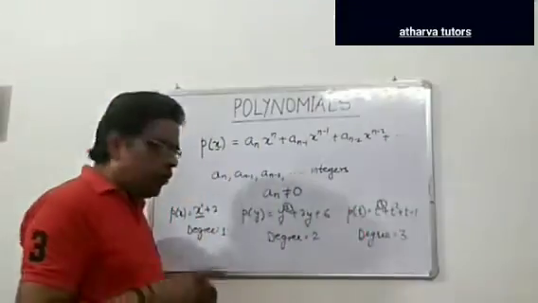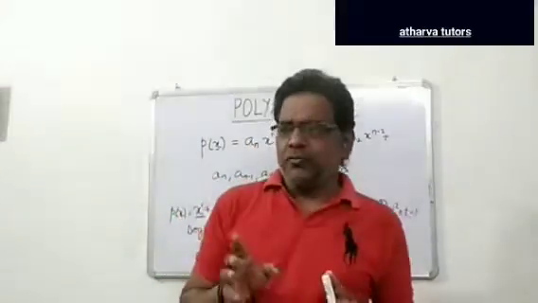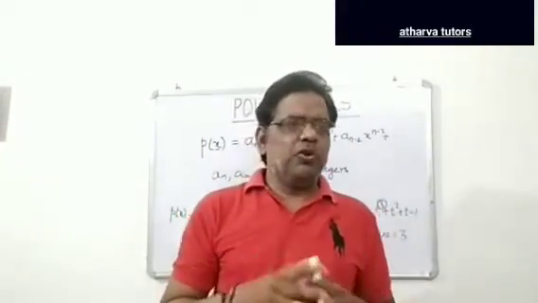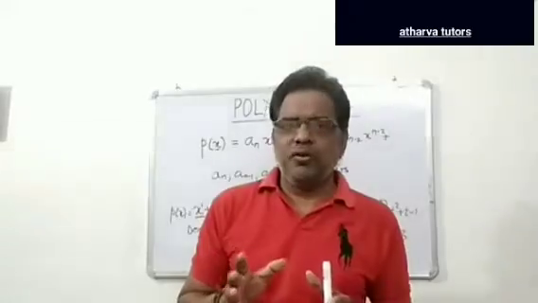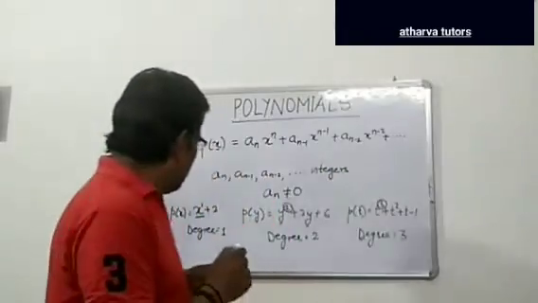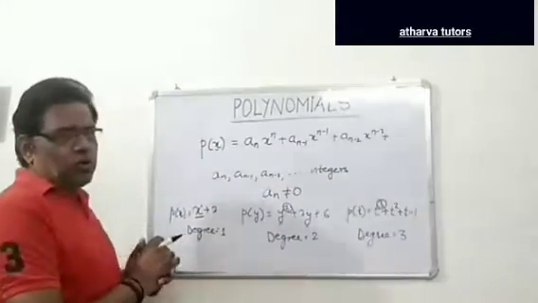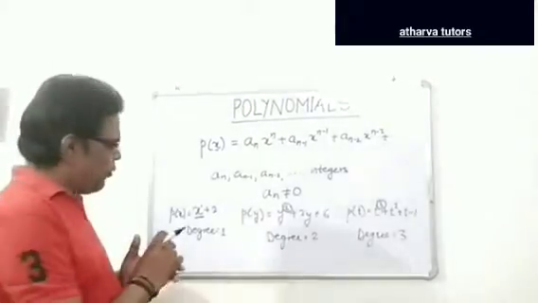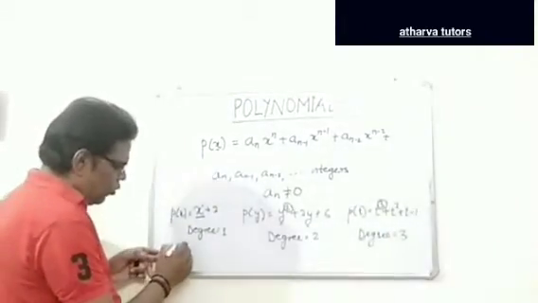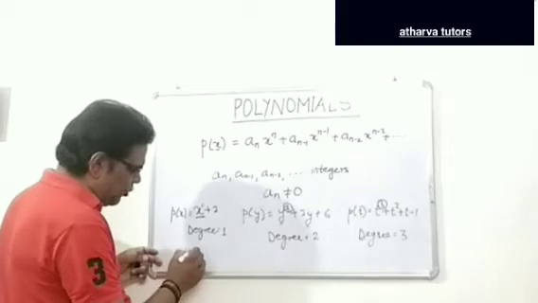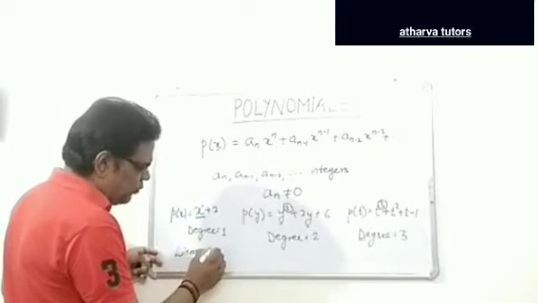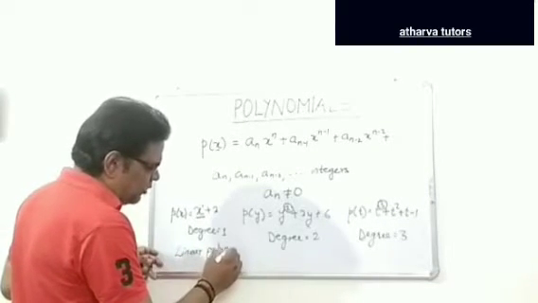Now, one more thing you had discussed, if you remember, a polynomial whose degree is 1 was said to be linear polynomial.